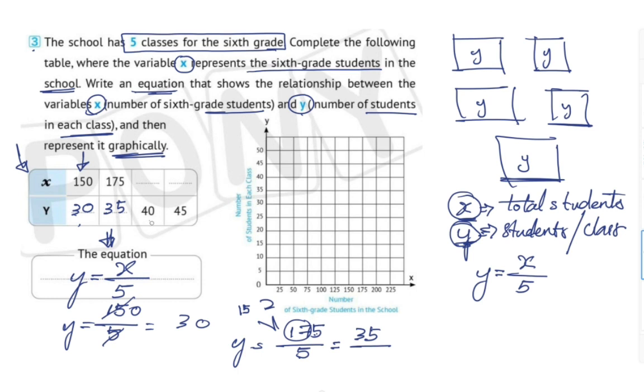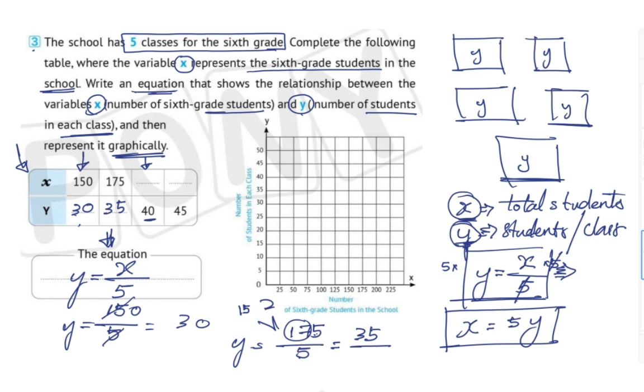Look here. It gives you the value of Y and needs you to find the value of X. That's the opposite. No problem. I can write this equation in another form. I can multiply by 5 on both sides. 5 over 5 is just X. 5 times Y equals 5Y.